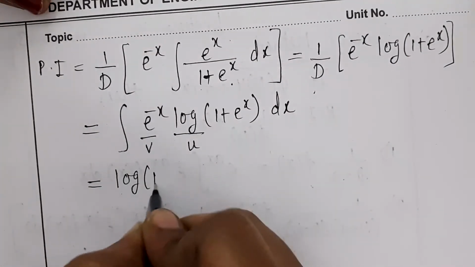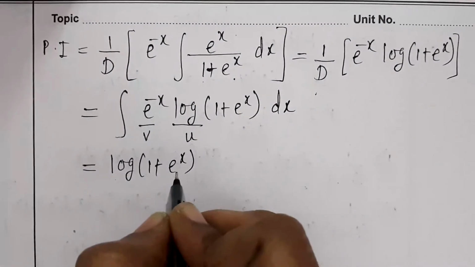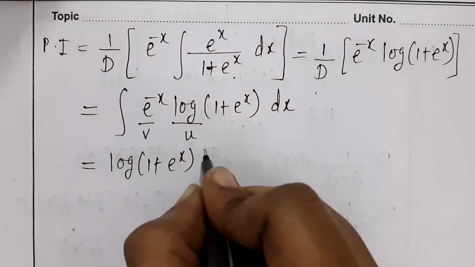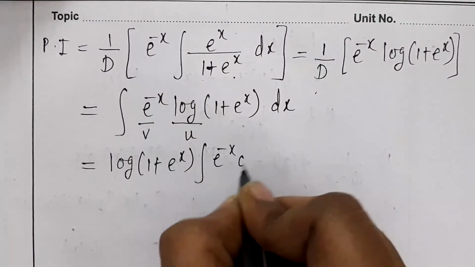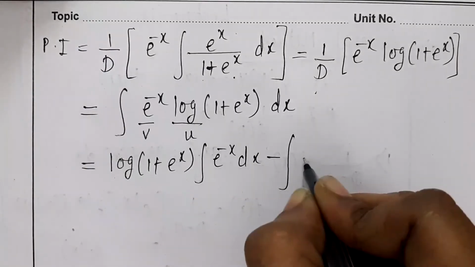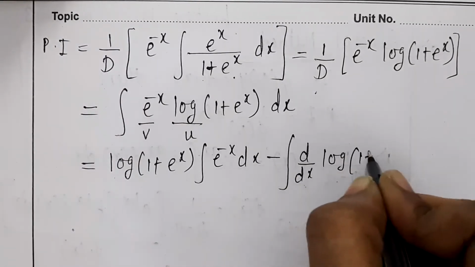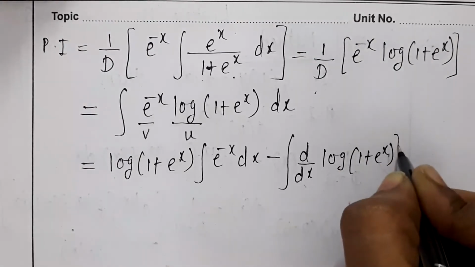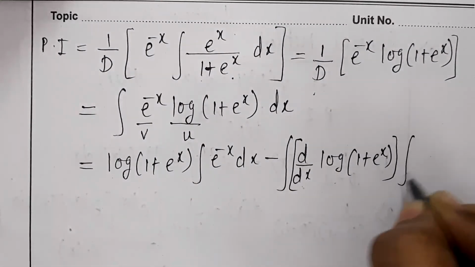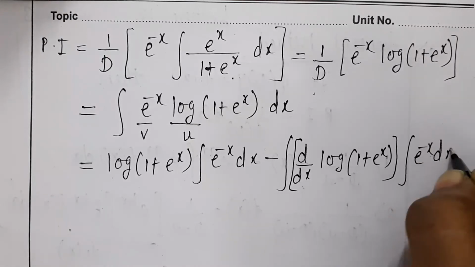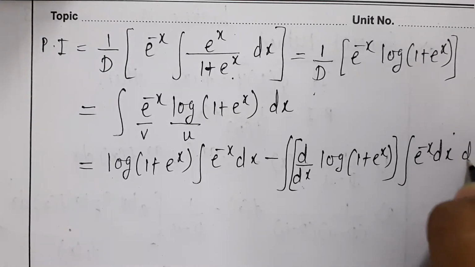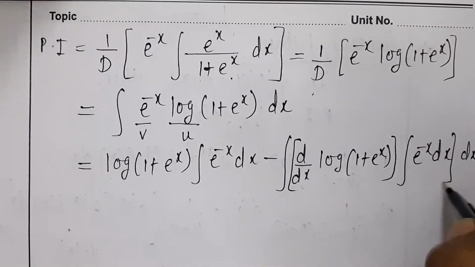Log of 1 plus e to the power x as it is, first function, into integration of second, minus integration of d by dx of log of 1 plus e to the power x multiplied by integration of e to the power minus x into dx, multiplied by dx.